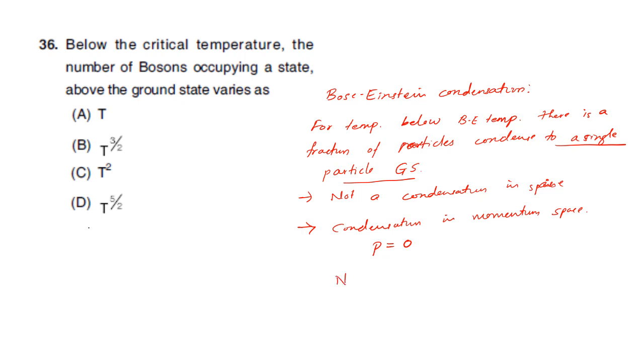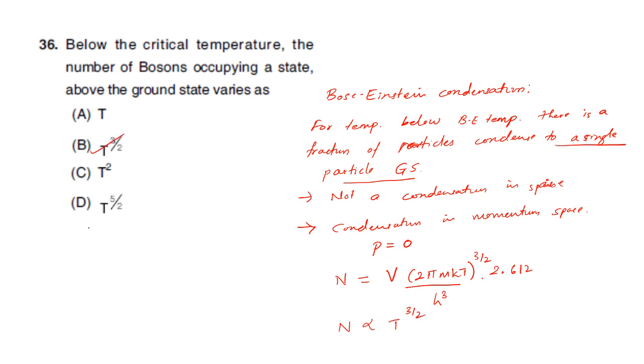And then the number of bosons occupying a state above the ground state is given by n is equal to V into (2 pi m kB T) raised to 3 by 2 divided by h cube into 2.612. Therefore n is proportional to T raised to 3 by 2.